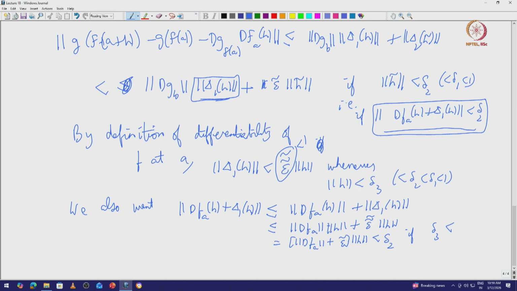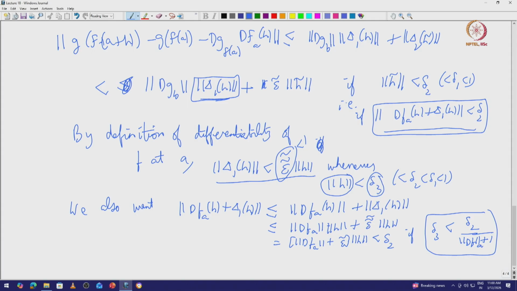Delta 3 is chosen to be less than, let's say, delta 2 divided by something plus 1, right? So, what I am saying is your norm h is smaller than delta 3, and delta 3 is so small that it is actually less than this much and so small that this also holds.